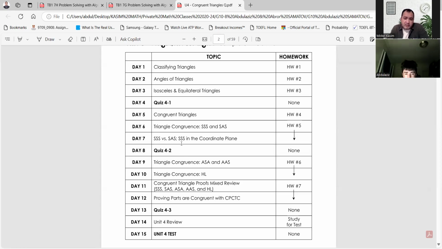Side angle side in the coordinate plane, and triangle congruence, angle side angle and angle angle side, triangle congruence, that is HL. Congruent triangles proofs, mixed review, proving parts are congruent with CPCTC and so on.